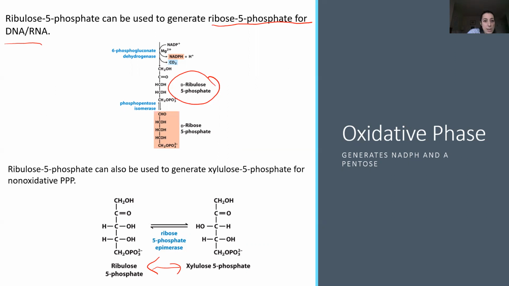So again, once we get to our ribulose 5-phosphate in this pathway, we can decide I want to make ribose 5-phosphate and use that for DNA and RNA, or I can take my ribulose and my xylulose. I can convert between either, and I'm going to use these for non-oxidative PPP for building back up glucose 6-phosphate.